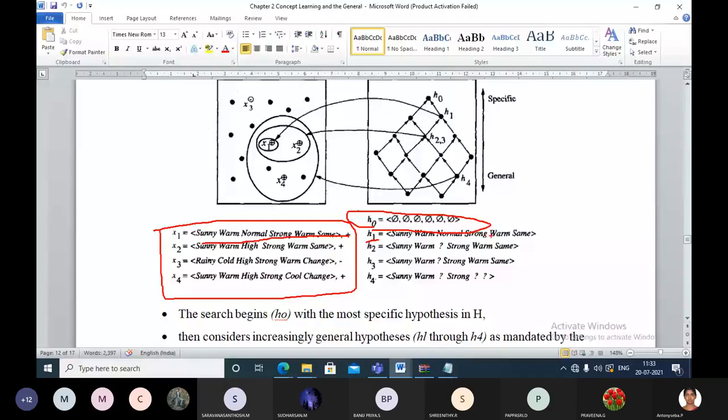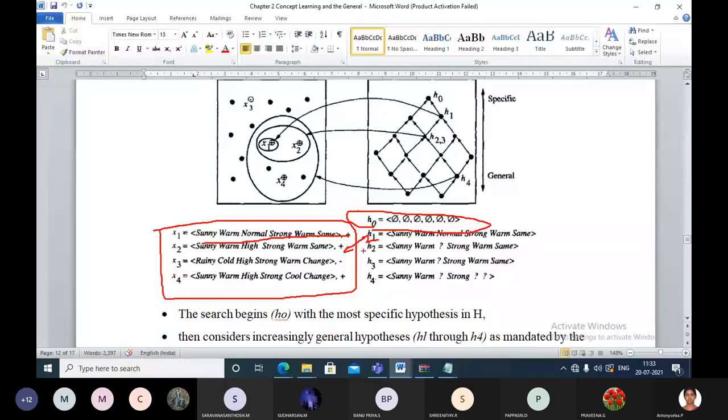Now you have to compare this hypothesis H1 with the next positive data instance, X2. Compare each and every attribute value and check whether there is any match. If not, you replace the value of the attribute by a question mark, which means you are moving from specific to generalization.